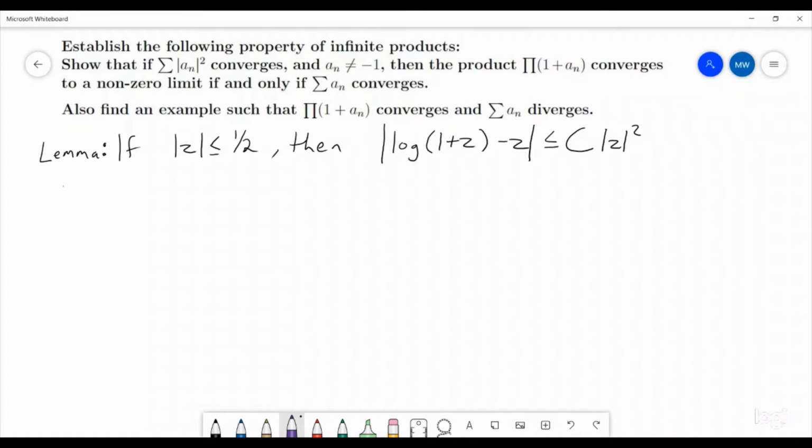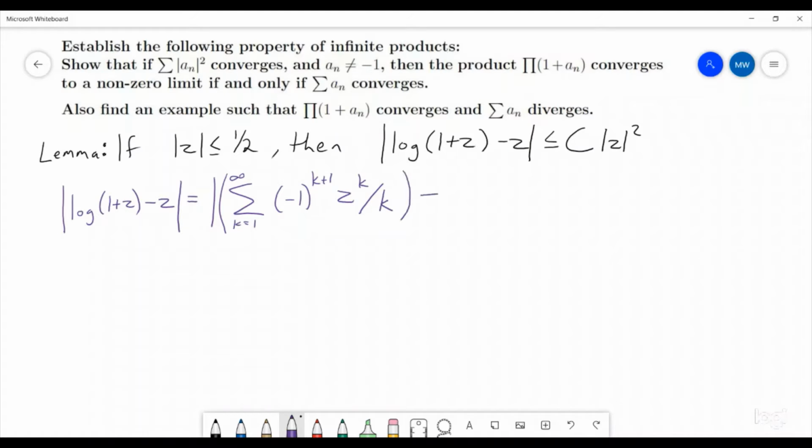Well, we know that the absolute value of log of 1 plus z minus z is equal to the absolute value of the sum from k equals 1 to infinity of (-1)^(k+1) z^k divided by k, minus z.